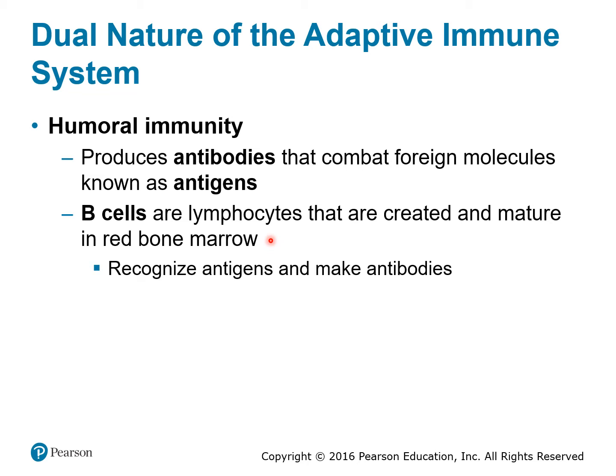So they have to know what they're supposed to attach to, and the only thing they're supposed to attach to is those foreign molecules known as the antigens. So they have to be able to recognize these antigens and make those antibodies.